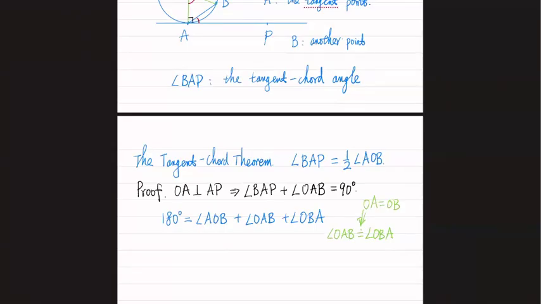Okay, so then by the previous observation, the last two angles are the same, with the summation twice of angle OAB. Okay, now let's compare.